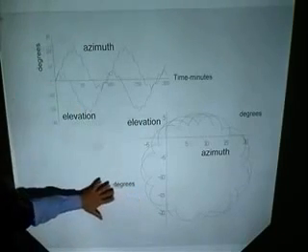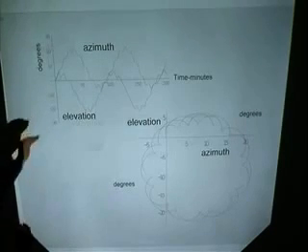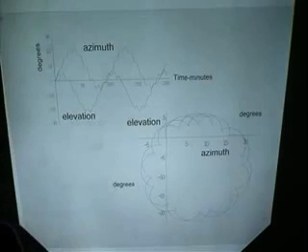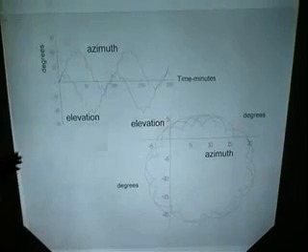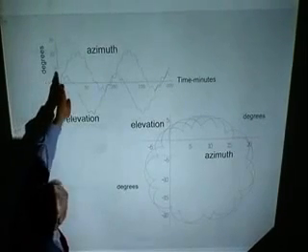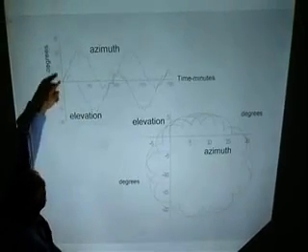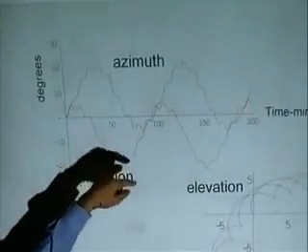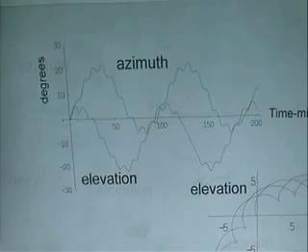This plot is plotting azimuth and elevation on the same plot, so you can track the motion of the nose of the spacecraft as it's going around. And you can see by these blips here, if you count them, that it's basically doing 1 revolution per 10 minutes or so.